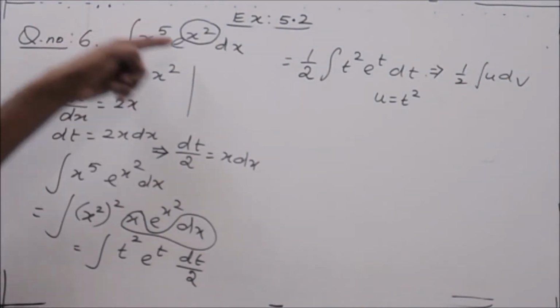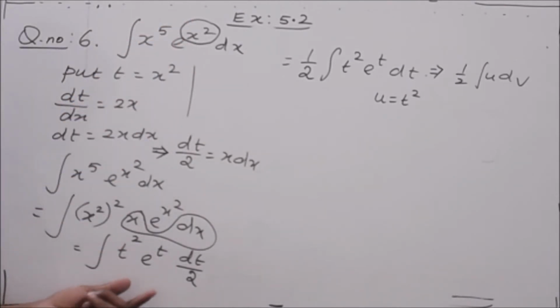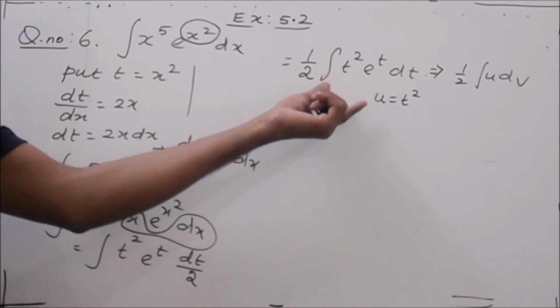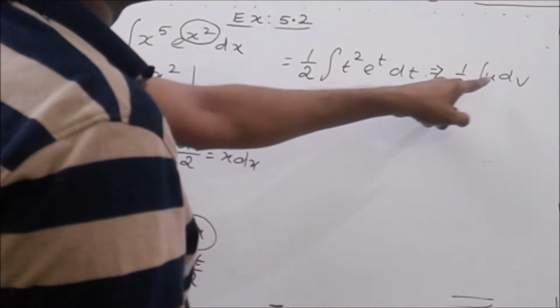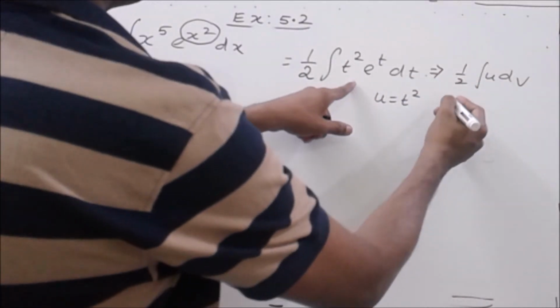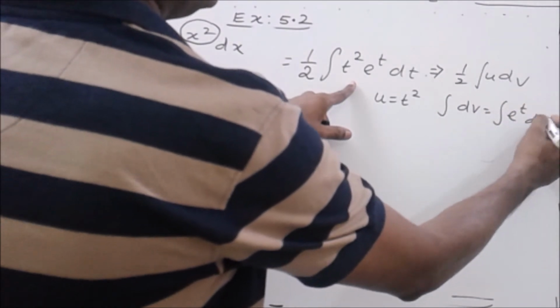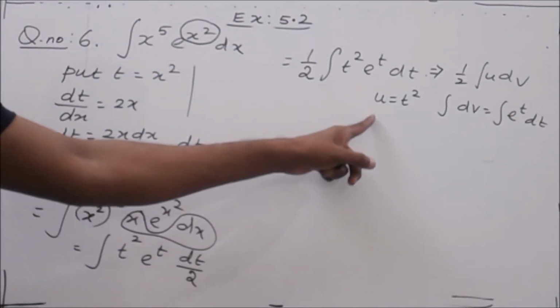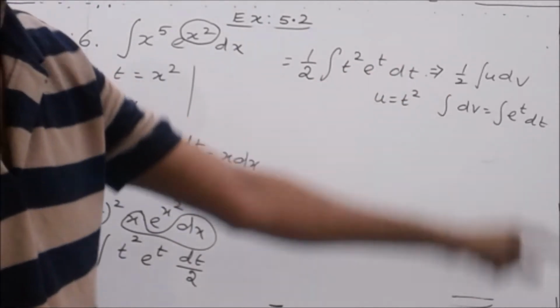Here we have substituted t for x square and then simplified the problem. Now this is in the form of integral u dv. Now we are choosing the formula of Bernoulli. Now u equal to t square. The remaining is dv, that is integral dv equal to integral e power t dt. So u equal to t square and integral dv equal to the remaining, integral e power t dt.